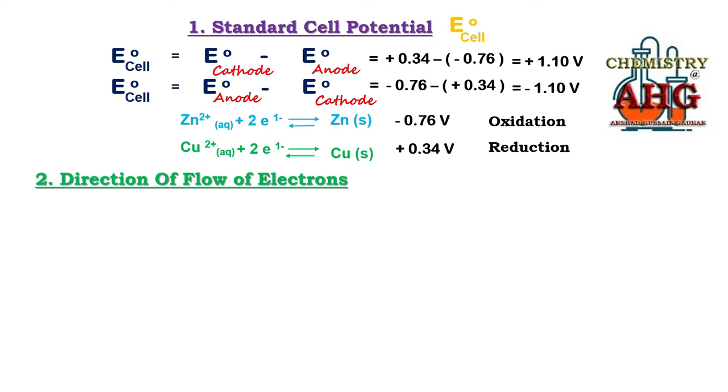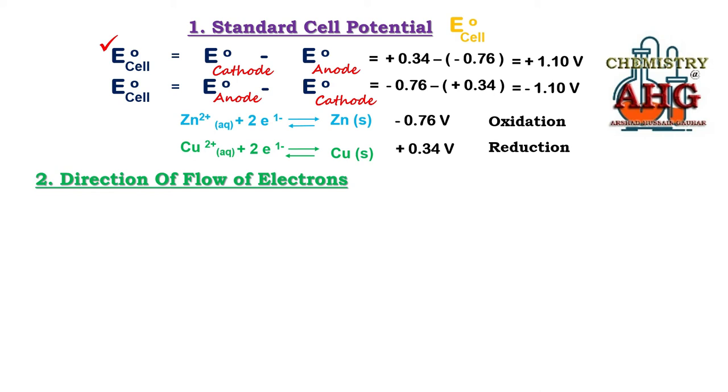Because it has produced a voltage of 1.10 volt. So the second cell is consuming a voltage of 1.10 volt. So the first is the formula for an electrochemical cell, and the second formula can be used to calculate standard cell potential for an electrolytic cell. This is the difference that you must remember.